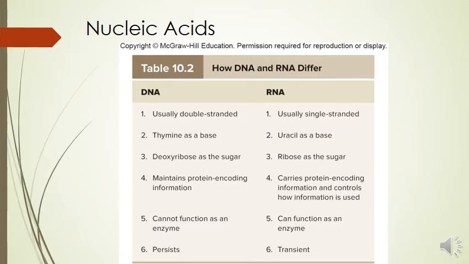Deoxyribose is the sugar in DNA, while ribose is the sugar in RNA. The DNA maintains protein encoding information, but the RNA carries protein encoding information and controls how the information is used. DNA cannot function as an enzyme, however, RNA can function as an enzyme. DNA persists, whereas RNA is only transient.